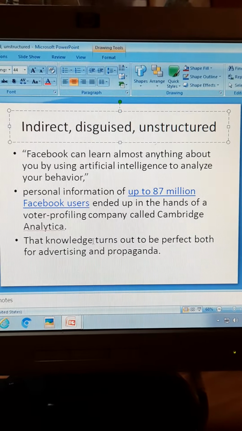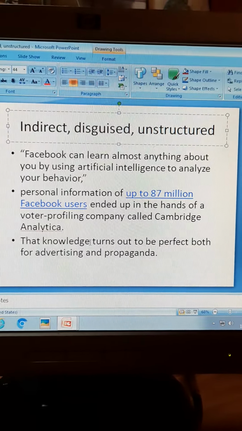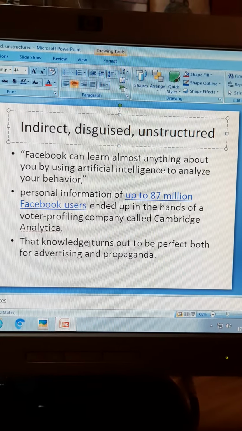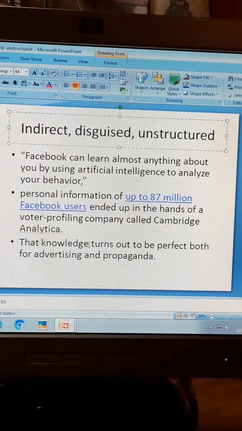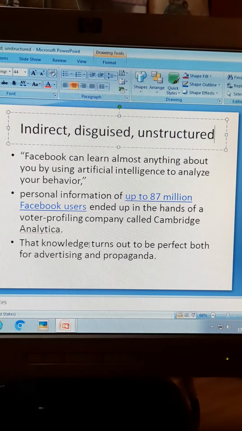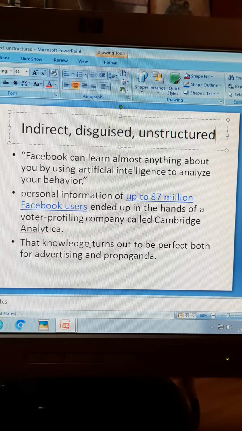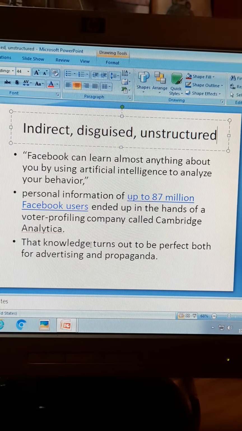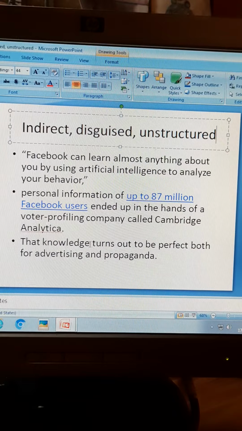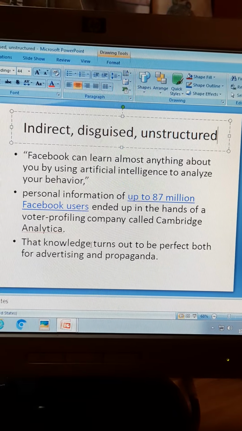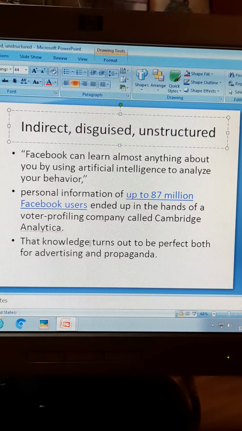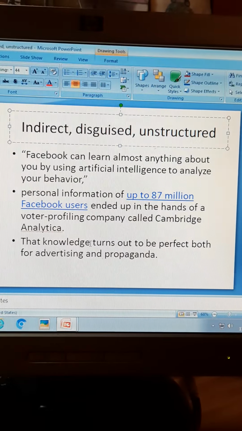So we have seen today observational research. What is the classification of observational research? Direct and indirect, disguised and undisguised, structured and unstructured, human and mechanical intervention for observation.